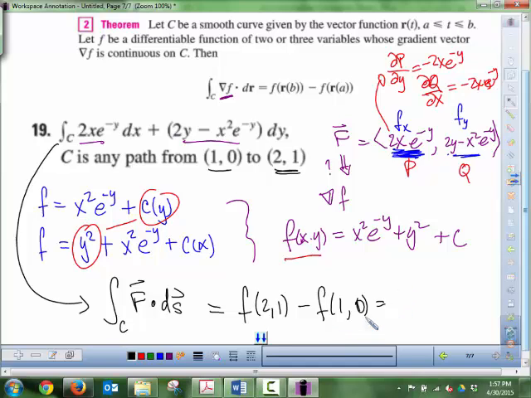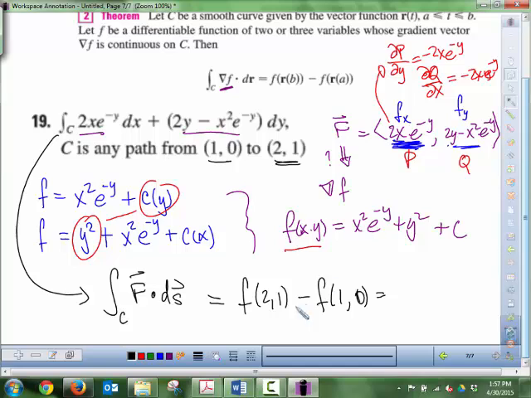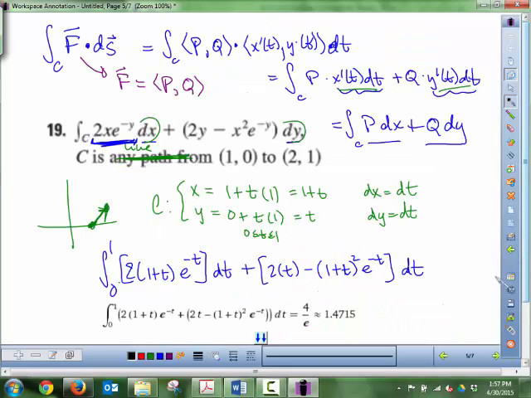What is it? 4e to the minus 1 plus 1 squared, minus, put 1 and 0, you get 1 times e to the 0 power plus 0. So 4 over e. That looks familiar.